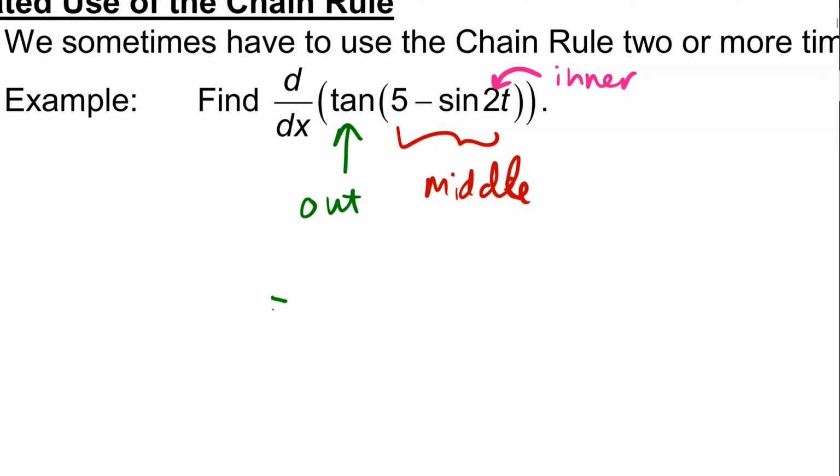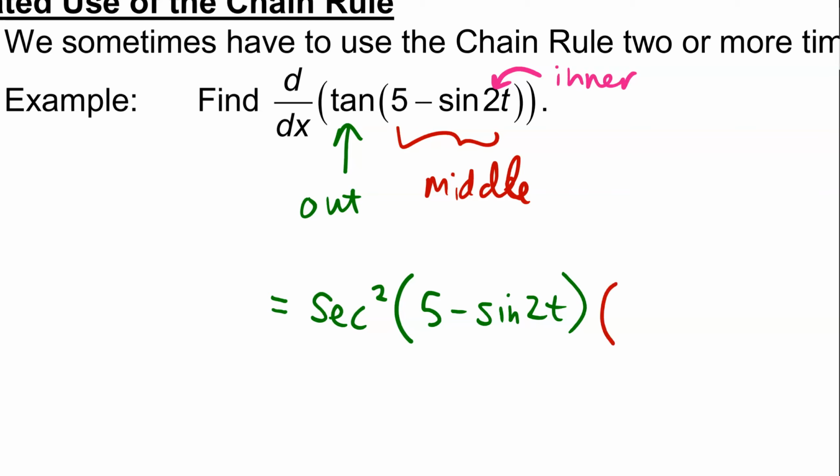Okay, let's do this. What is the derivative of tangent? Secant squared x. So secant squared of everything that's inside. Next I must do the middle. What is the derivative of 5 minus sine of 2t?